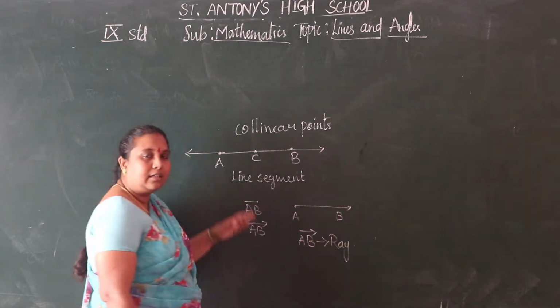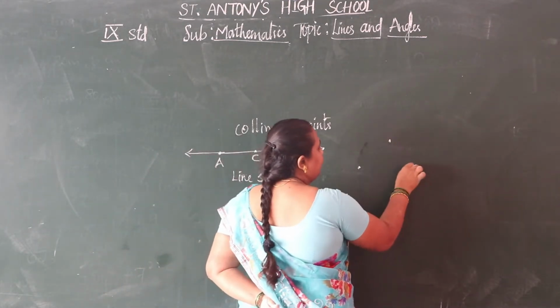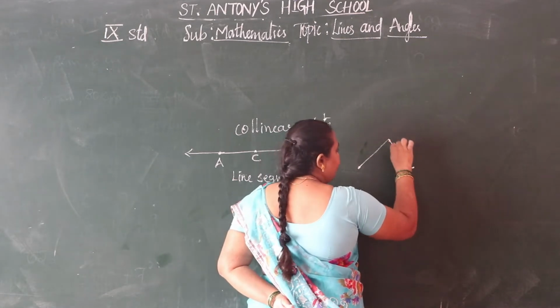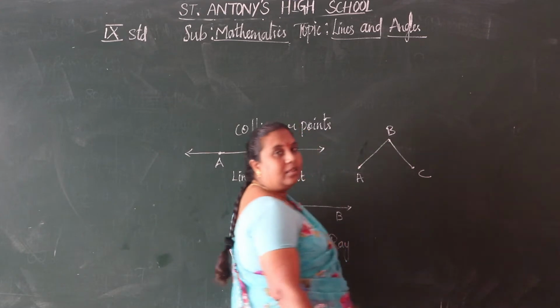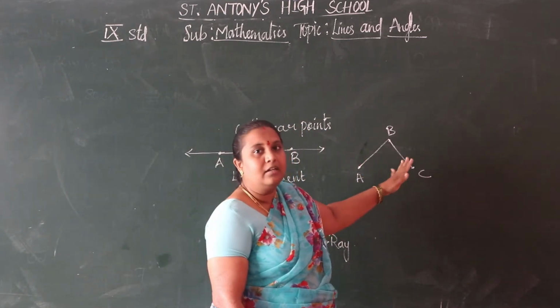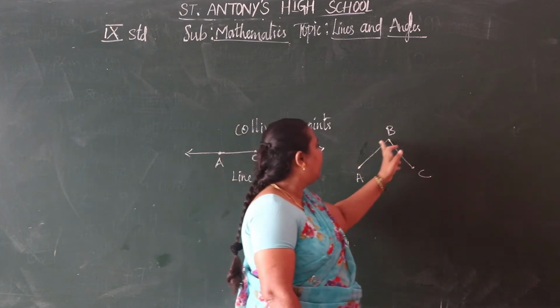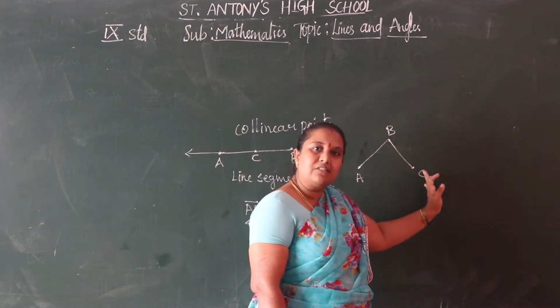Otherwise, see here: one point, here one point, here one point. We join these points A, B and C. Can we say this is a line? No, this is not a line. It moves like this and then like this, so this is not a straight line.